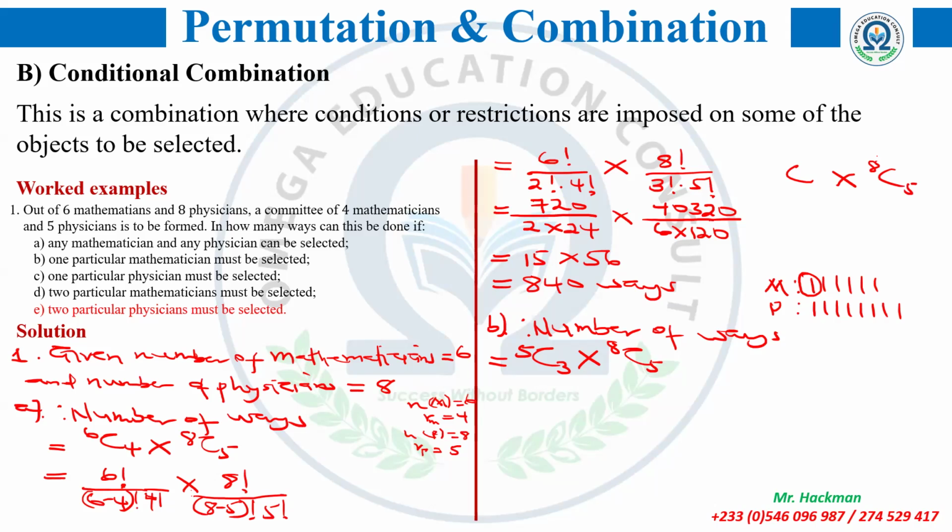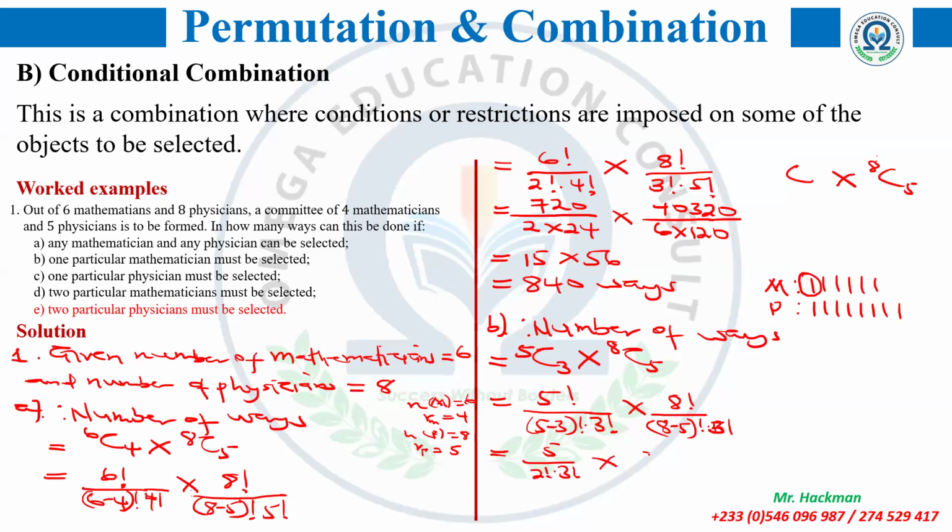So from here you should be able to proceed in terms of your algebra. I won't do it up to the end, I will only explain. This will give you 5 factorial over 5 minus 3, which is 2 factorial, times 3 factorial.